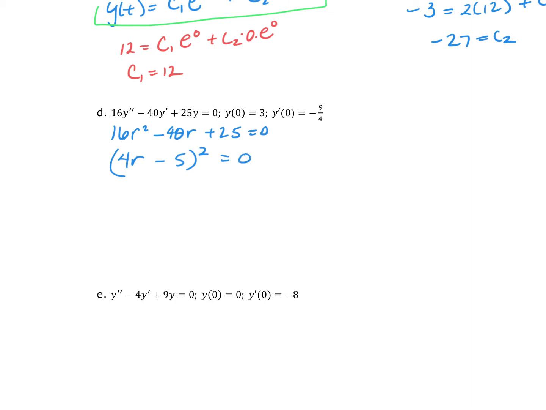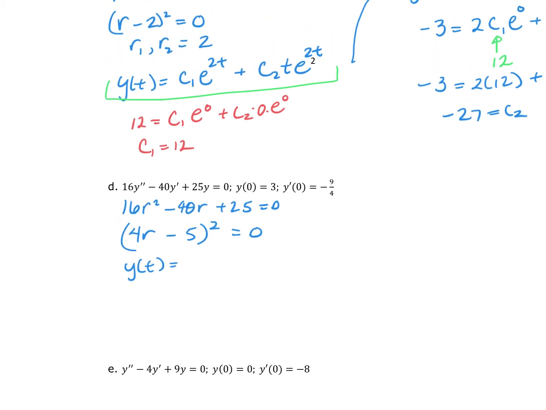This thing equals 0. So I know y of t is going to be similar to the one I just did. It's going to be c sub 1 e raised to the 5 over 4 t plus c sub 2 t e raised to the 5 over 4 t. Don't forget the t.